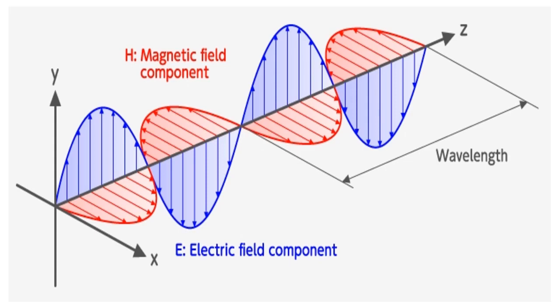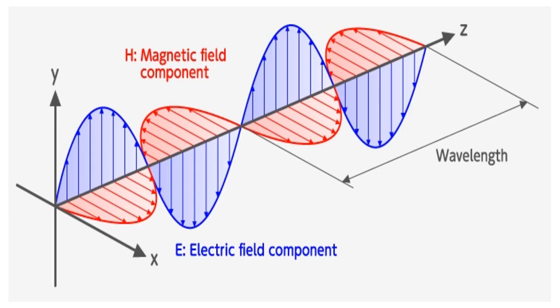Whatever we learnt about electromagnetic waves, let us correlate it with this diagram. We are aware that in electromagnetic waves, the magnetic field component as well as the electric field component are perpendicular to each other. Here we are given three axes, x-axis, y-axis and the z-axis.